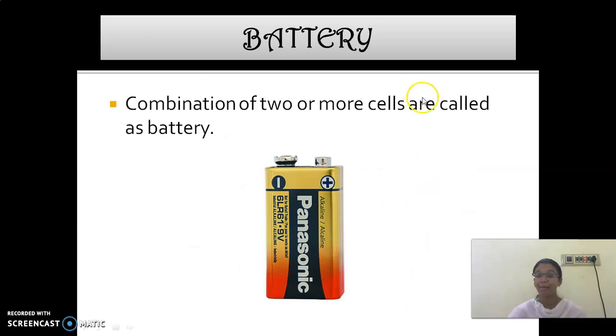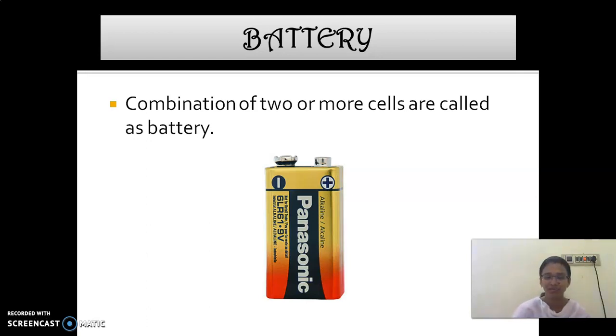Next thing is battery. This battery is not there, just have a note of it. A combination of two or more cells is called a battery. What is it? A combination of two or more cells is called a battery. If there is only one, it is called a cell. If you have more than one cell connected together, it is called a battery.